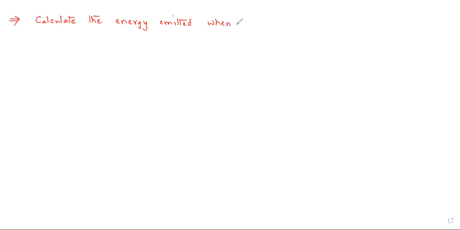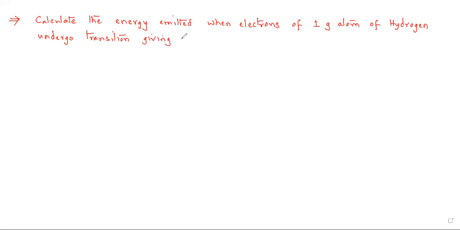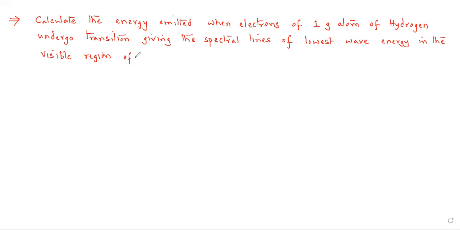When electrons of one gram atom of hydrogen undergo transition, giving the spectral line of lowest wave energy in the visible region of its atomic spectrum.